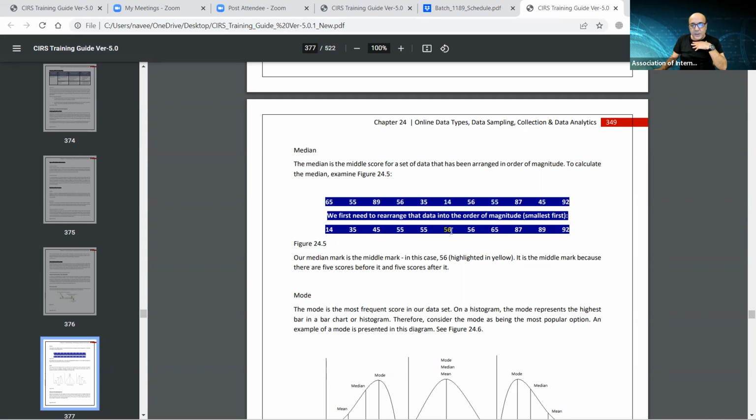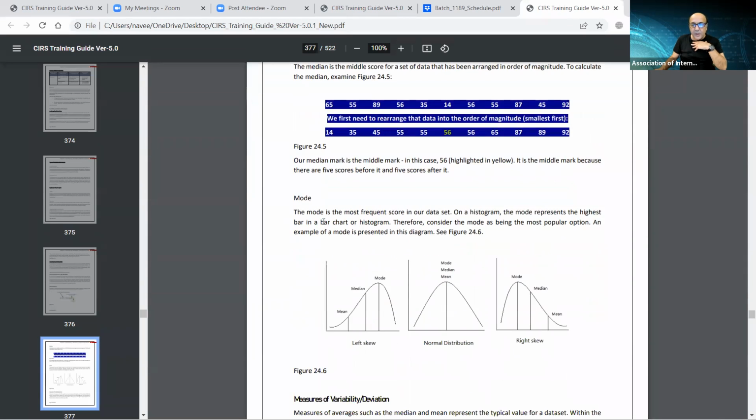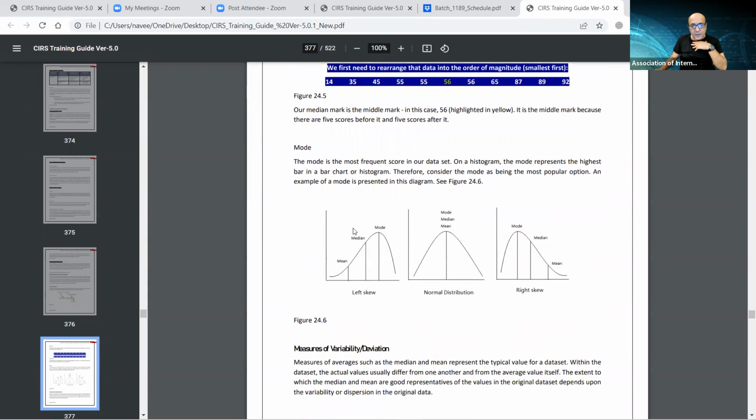So 56 apparently seems to be the middle one. There's an error here; it should be some other number. Anyway, whatever is in the median is the middle number of the set of numbers organized in sequence.